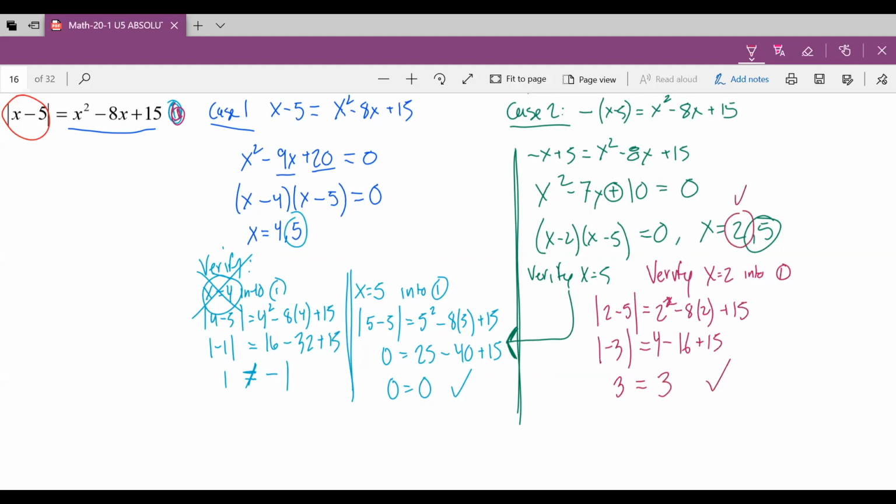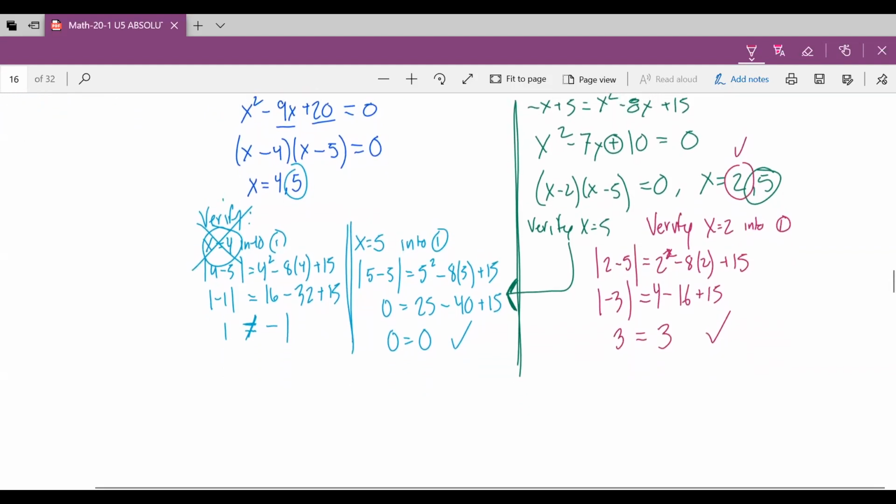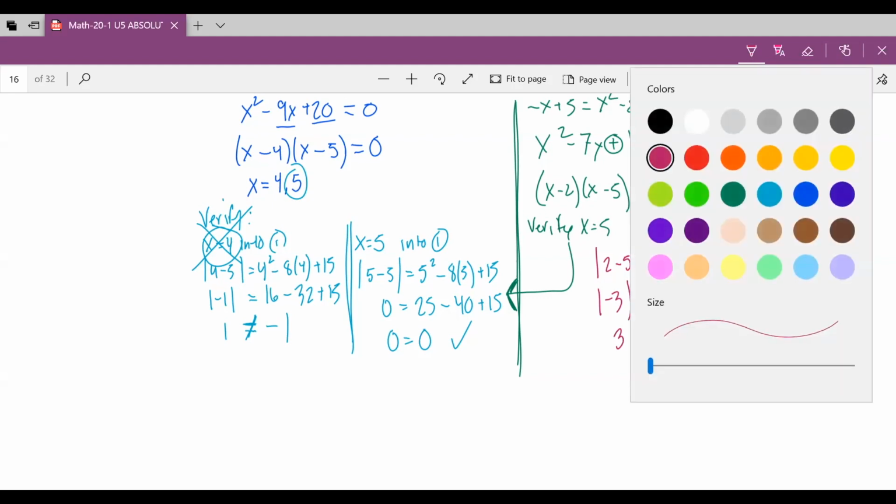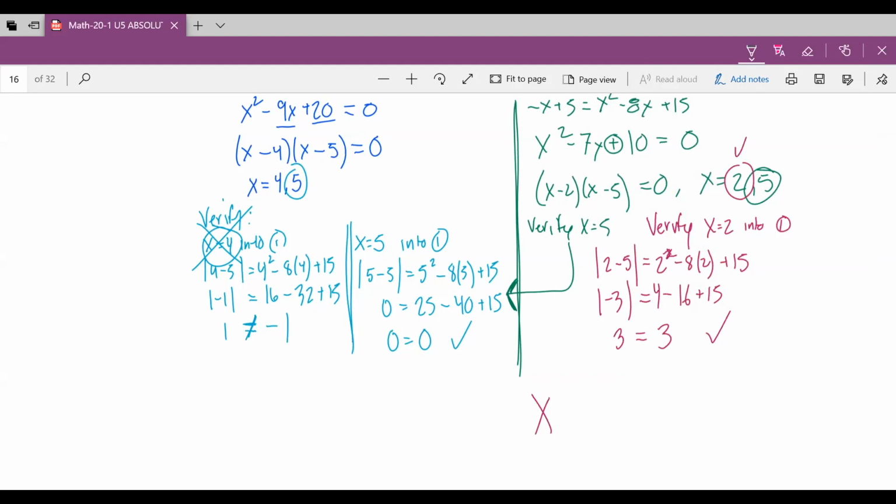So in summation, it looks like out of the 4 possible roots, we have 3 solutions. I said we had 3 solutions. Well, 2 of the solutions are the same, right? So to summarize now, we can say that for x, the solutions are 2 and 5.